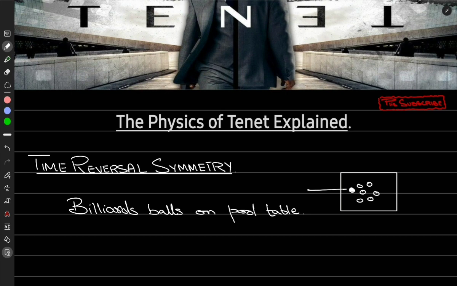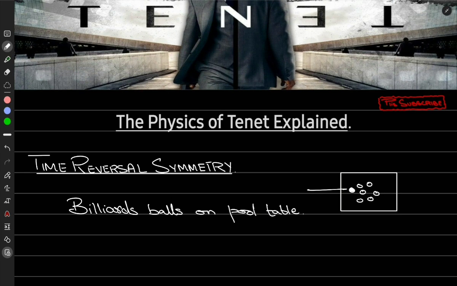When that motion happens, if we were to record this game of pool and then play it backwards, so you recorded the game and then played it from the end to the start, you are basically reversing it.